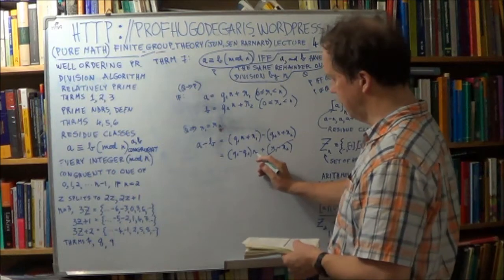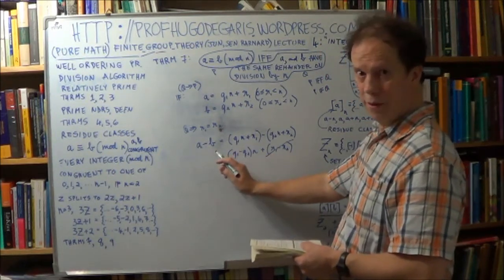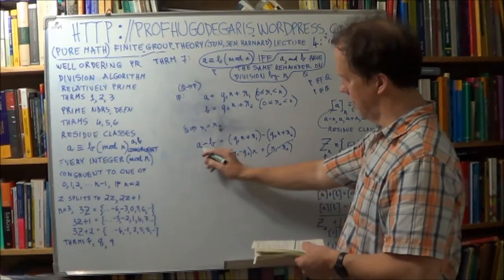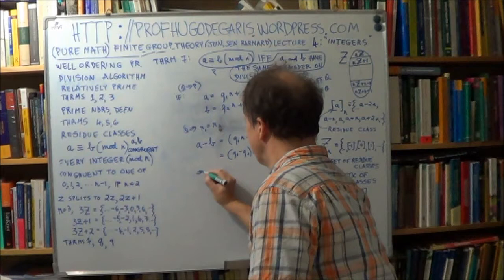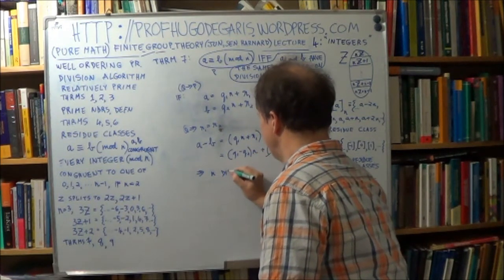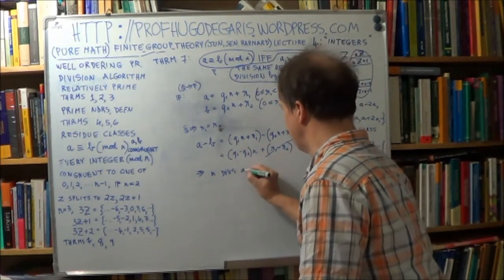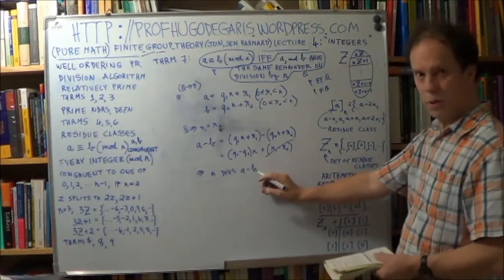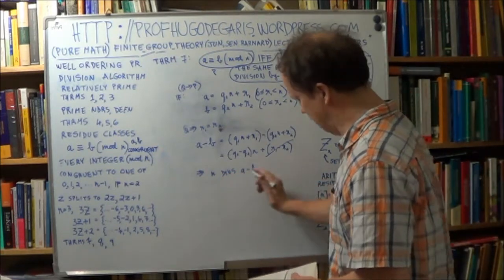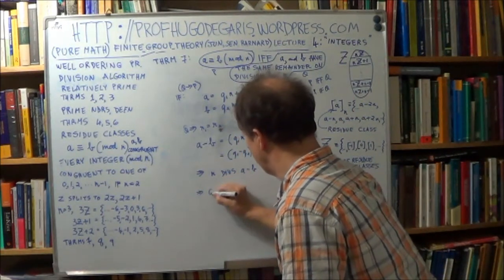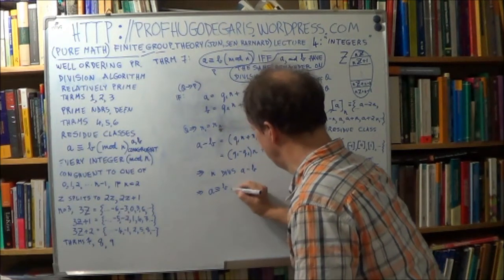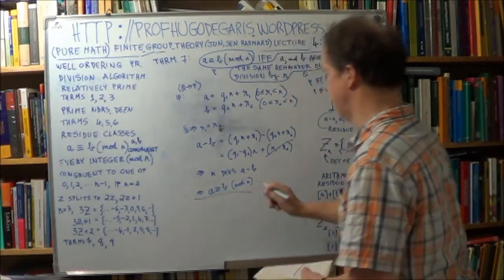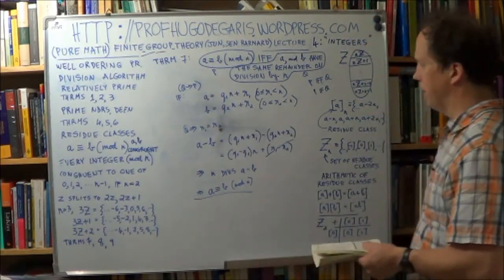So that means n is a factor of A minus B. So that means n divides A minus B. And that's the definition that A and B are congruent, mod n. So that implies that A is congruent to B mod n. Right? So we've proven the if part.